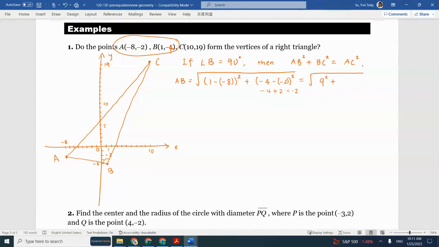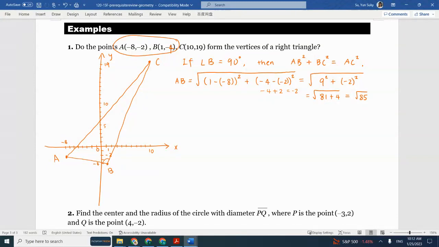Or let's do it slowly. 9 squared is 81. -2 squared: a negative squared becomes positive, and 2 squared is 4. So therefore, this is the square root of 85. So that's the distance between A and B.